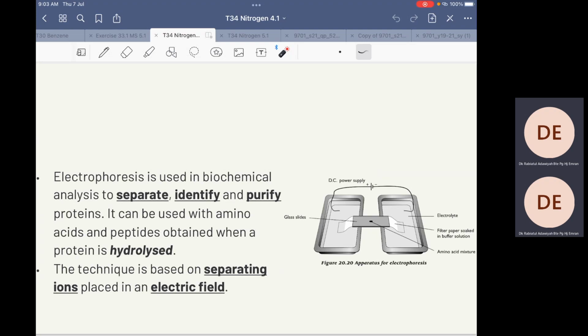It can be used with amino acids and peptides obtained when a protein is hydrolyzed. So you need to break down the proteins or polypeptides first into individual amino acids, then only the amino acids can be separated, based on the different rate or speed that they move under the potential difference, or under the given current.